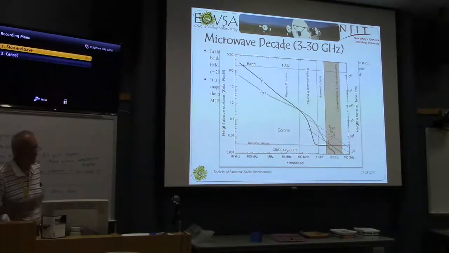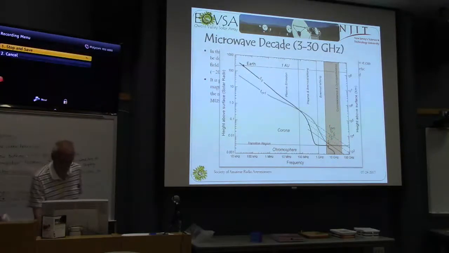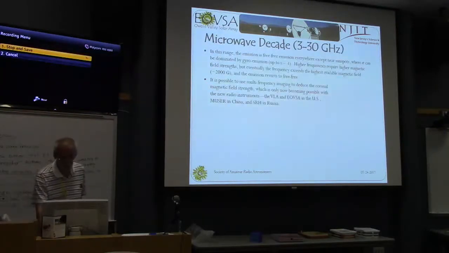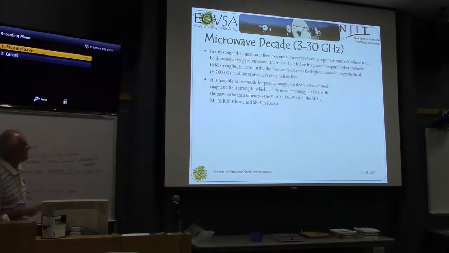And you also get the magnetic field. In the regions of magnetic field, you see brighter spots, as I said before. And of course, solar flares are going to be strong. When they go off, you're going to be seeing strong emission there. So in this range, the emission is free-free emission everywhere, except near the sunspots, where it can be dominated by gyro emission.